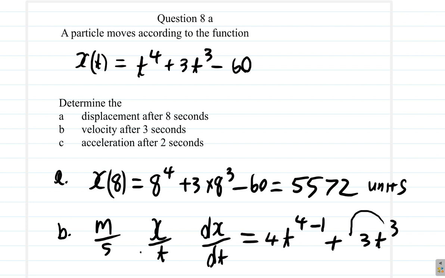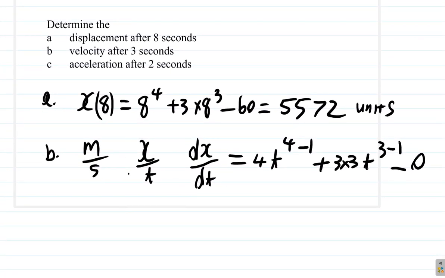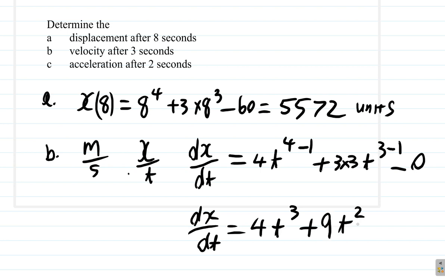You multiply by the old power, so 3 comes down as 3 multiplied by 3t to the 3, and subtract 1 from the old power to get a new power. Minus 60, when you differentiate a constant, you get 0. So, therefore, dx by dt is equal to 4t cubed plus 9t squared.